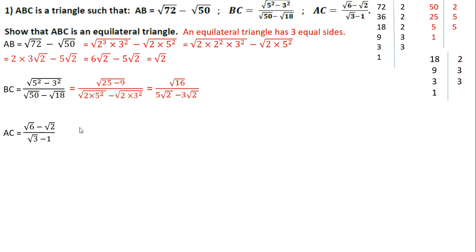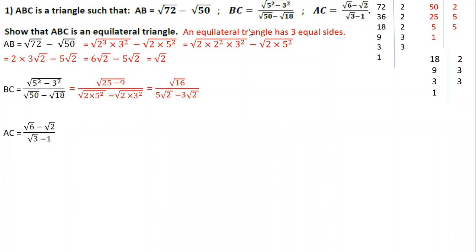Now 16. Can we write 16 as a perfect square or no? Yes. So what is the square of 16? It is 4 squared.